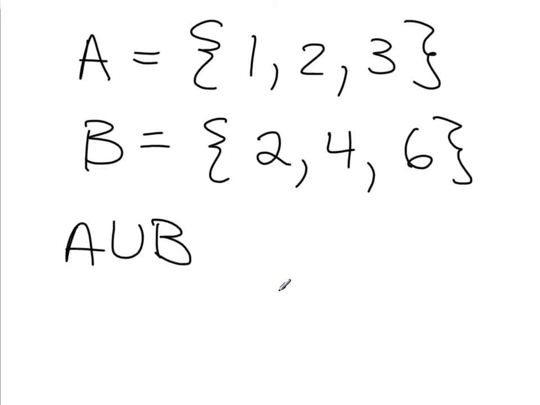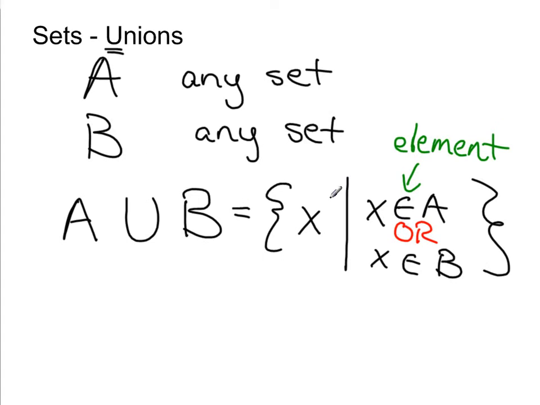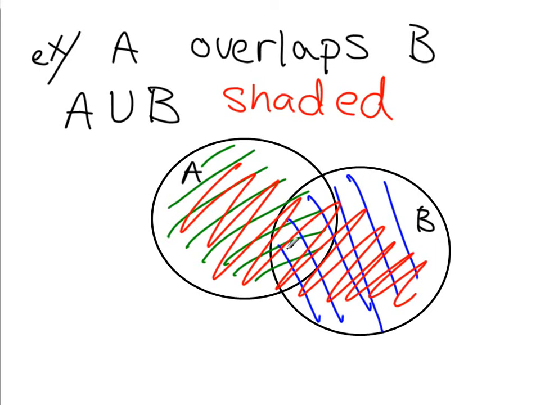So what I'm going to do is figure out if there's an element in A, it's part of the union. Go back to our definition. Let's just quickly sneak back there. So A union B is defined to be all the elements, all the objects, where they're in A or they're in B. And the picture we've drawn says, okay, all of A, all of B, if they overlap, we don't double count.